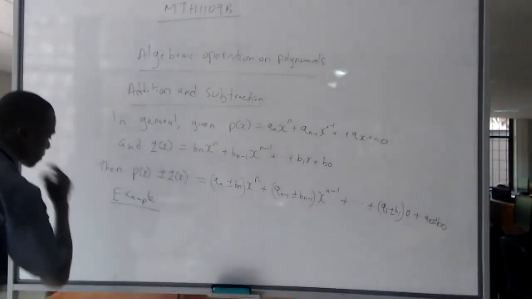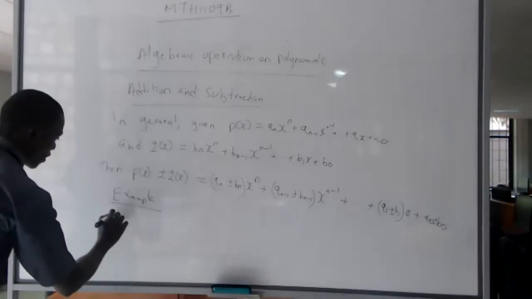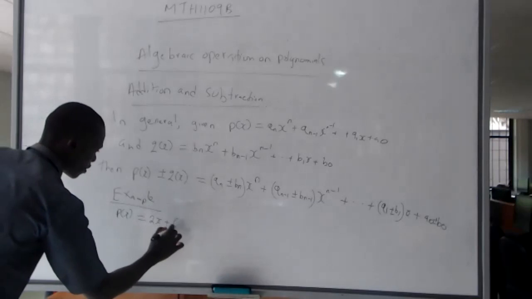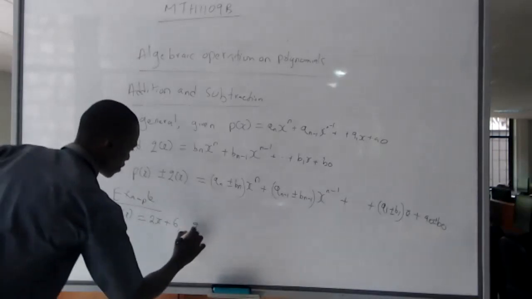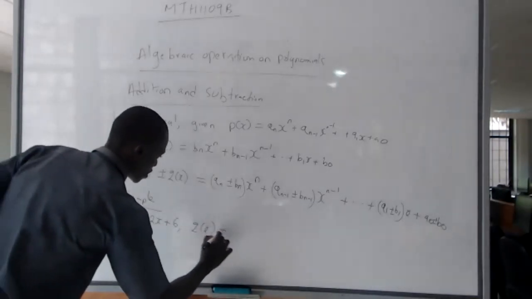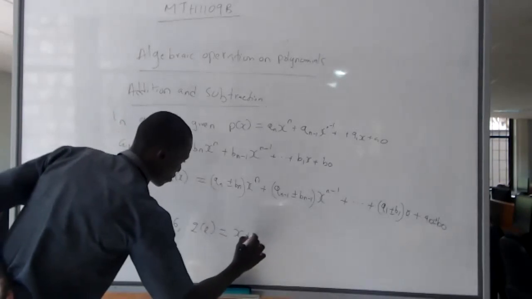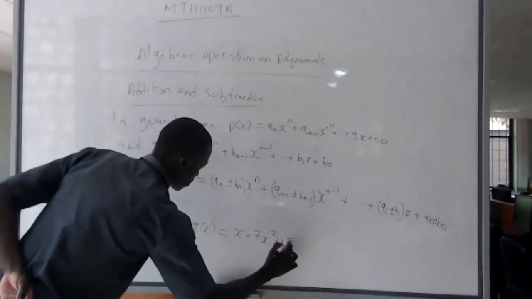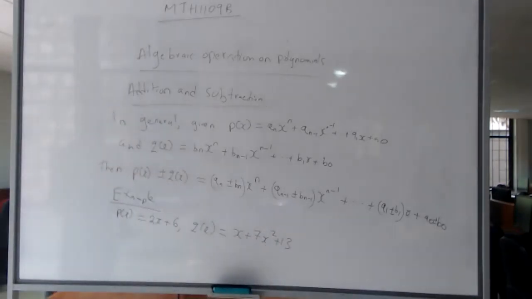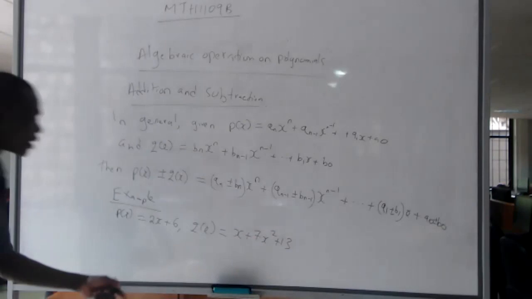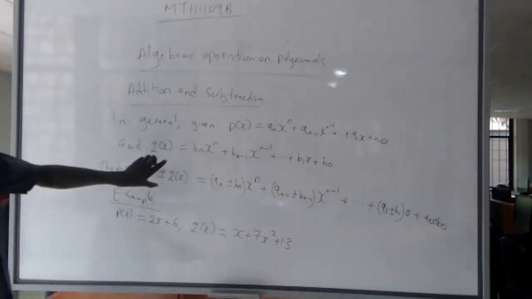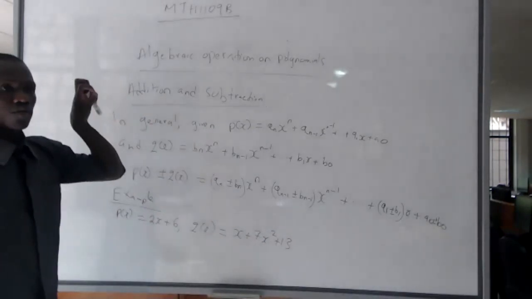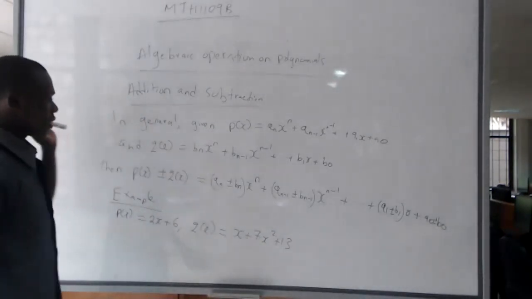For example, let's say you have a polynomial P of x is 2x plus 6, and Q of x is x plus 7x squared plus 13. We want to add these polynomials. So this relation tells us that you add and subtract coefficients of the terms that have the same exponent.